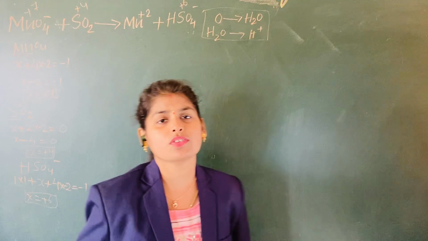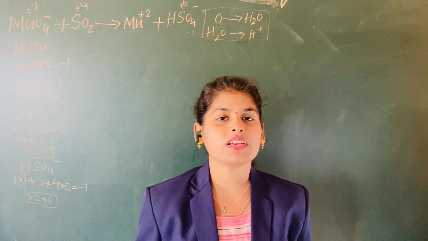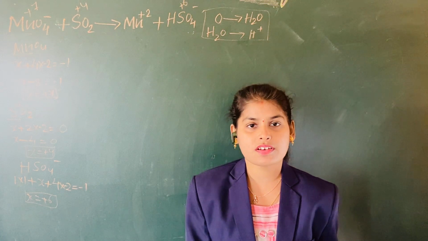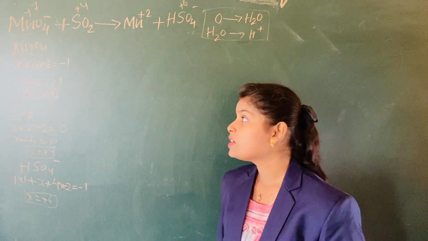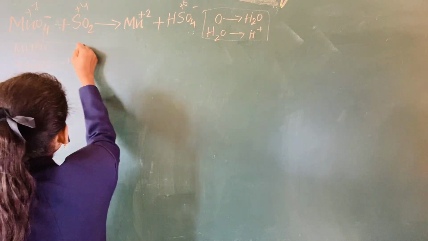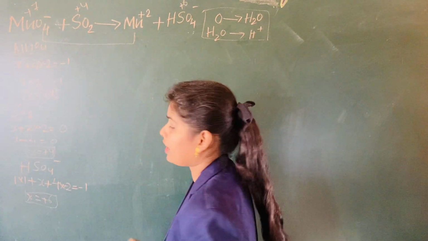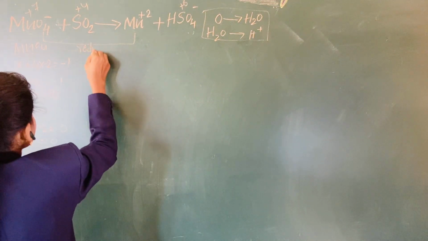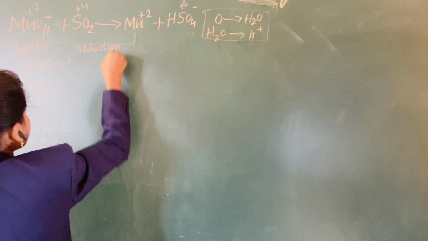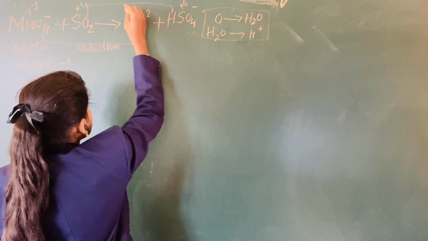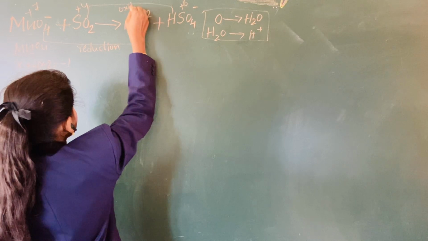Once we find the oxidation states, the next step is to divide the equation into two halves, that is the oxidation reaction and the reduction reaction. Here MnO4 minus goes from +7 to +2, so we consider this as reduction. And then +4 to +6 is considered as oxidation.